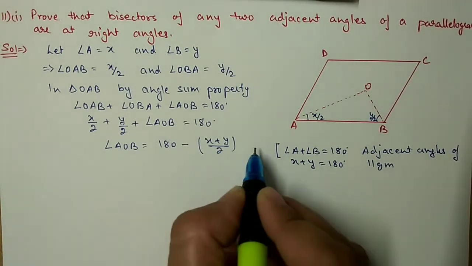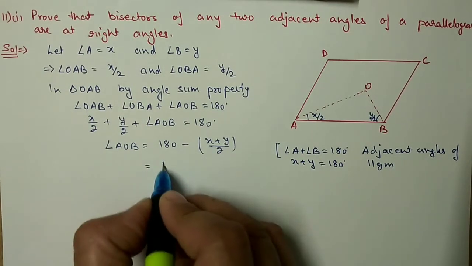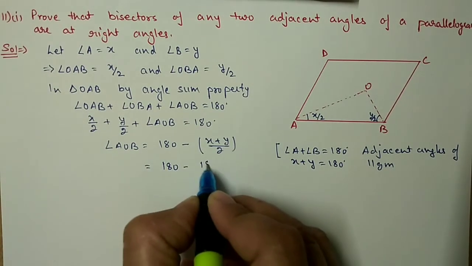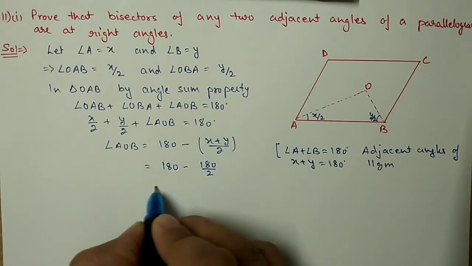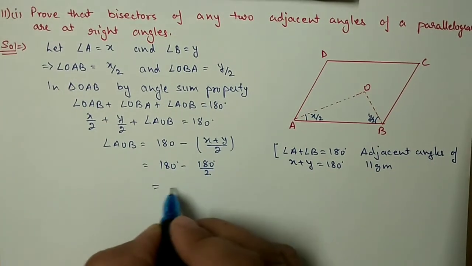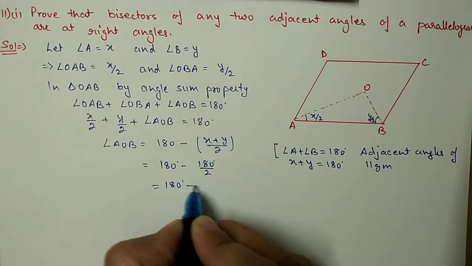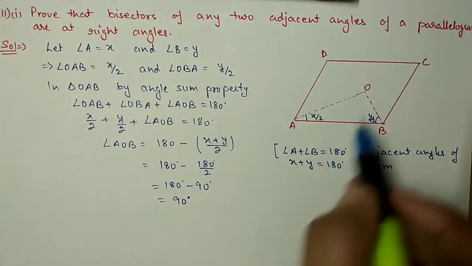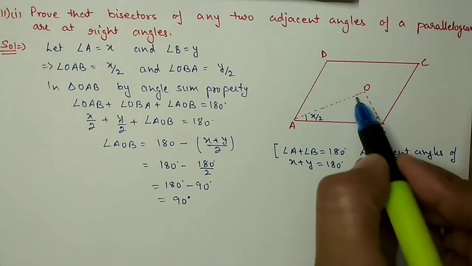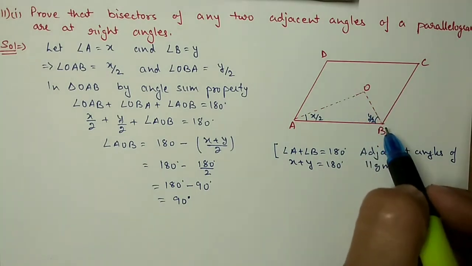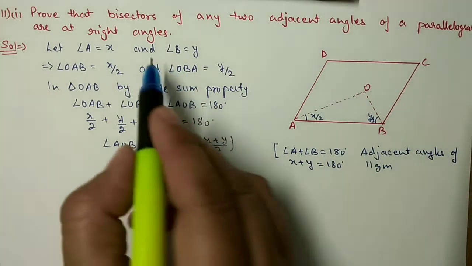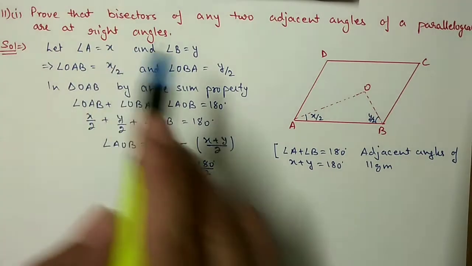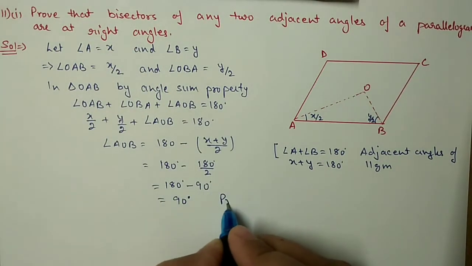So this value we can substitute here: 180 minus 180 by 2, which means 180 minus 90, which is equal to 90 degrees. It means the angle between AO and BO is 90 degrees. So this only we had to prove, that these two are at a right angle.